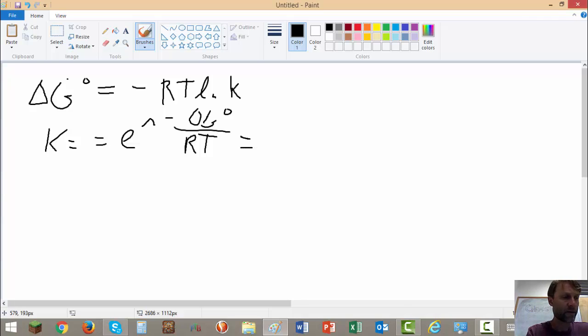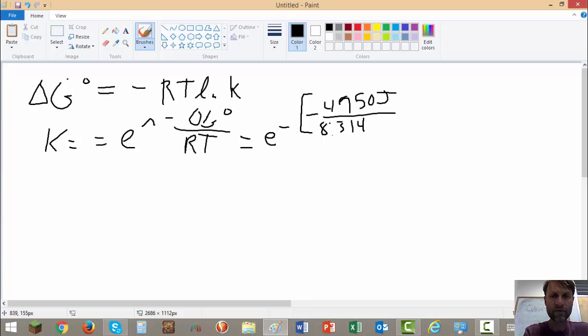And for our particular reaction, that gives us e to the minus 4750 joules over 8.314 times 298, leaving off the units for simplicity.